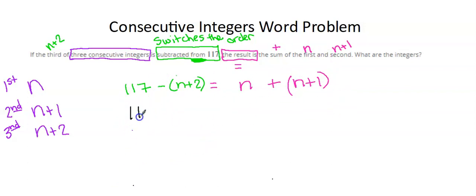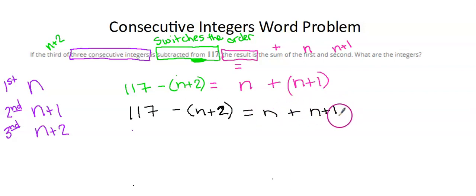Let's solve 117 minus (n plus 2) equals n plus (n plus 1). Again, since there's a positive there, if I were to distribute it, it does not change anything. So I don't need these parentheses. This set I need until I clean this up. Before we solve, we simplify, and one of the first steps in simplifying is removing parentheses. I need to remember if there's a negative sign here with no number, that is like there's a 1.